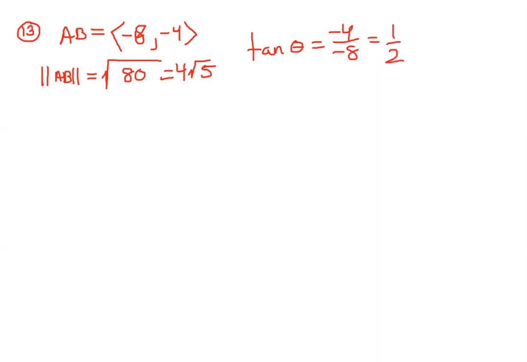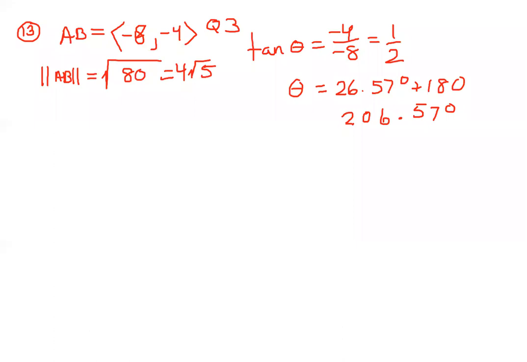Okay, this is in quadrant 3, and you can put this in your calculator. You don't have that on your unit circle, and you get 26.57, but that is not in quadrant 3, so we have to add 180, and we get theta is 206.57 or 56, depending on how you rounded it.